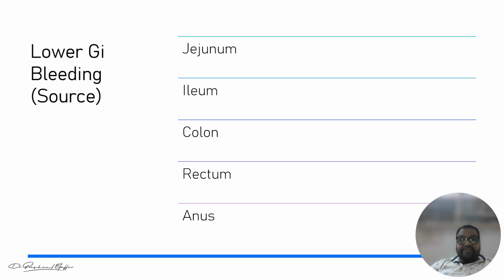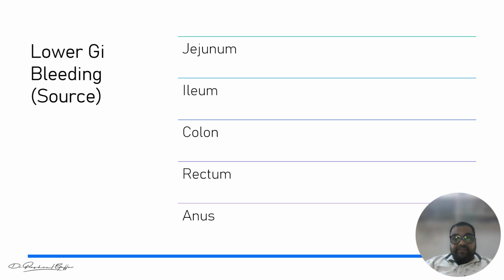So these are the sites, the sources where the bleeding occurs. If up to the duodenum, it is called upper GI bleeding, and after the duodenum, jejunum, ileum, colon, rectum, and the anus, it is considered lower GI bleeding, right?